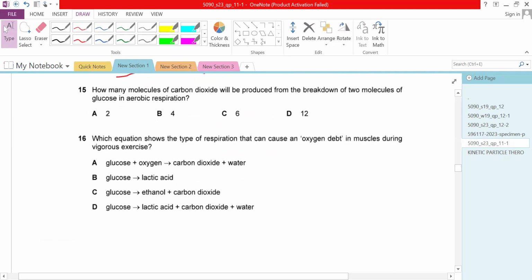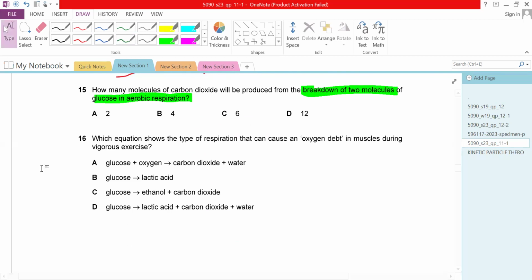Question number 15. How many molecules of carbon dioxide will be produced from the breakdown of 2 molecules of glucose in aerobic respiration? Okay.